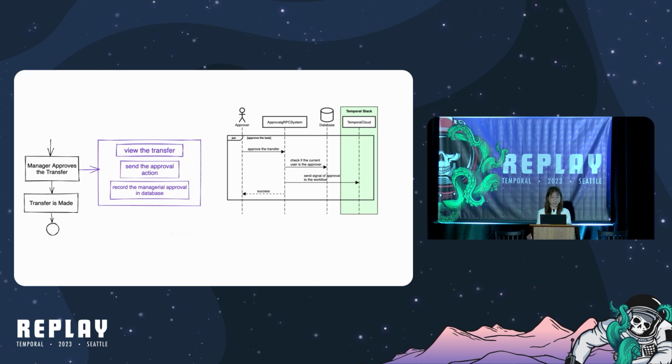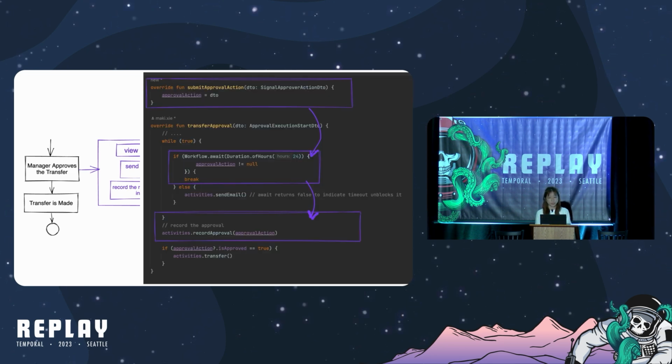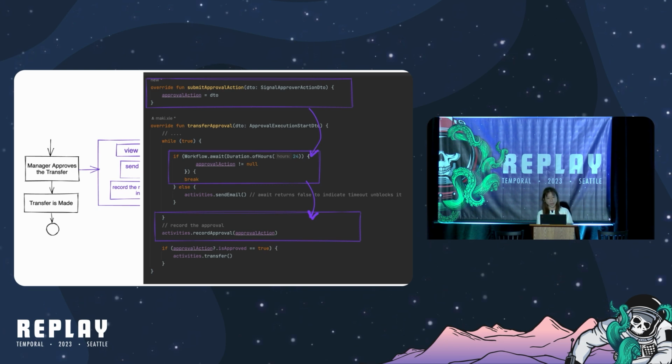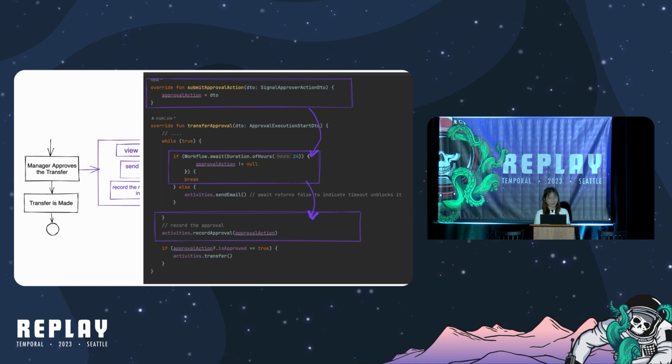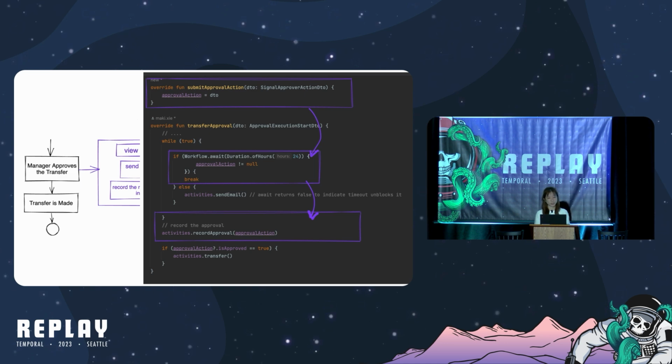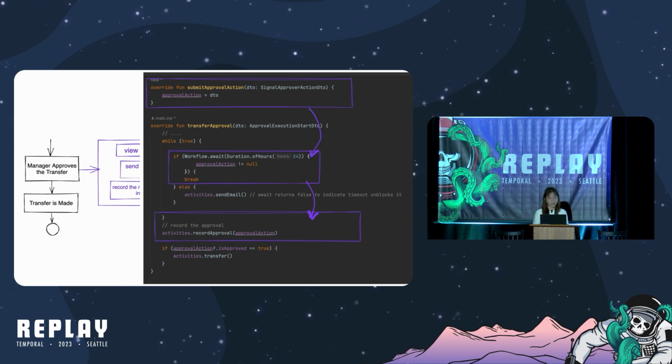On the other side of the picture, inside the workflow workers, upon receiving the approval action, our waiting condition, which used to be blocked, resumes. The workflow worker starts an activity to update the status of the database. And finally, a transfer will be made.